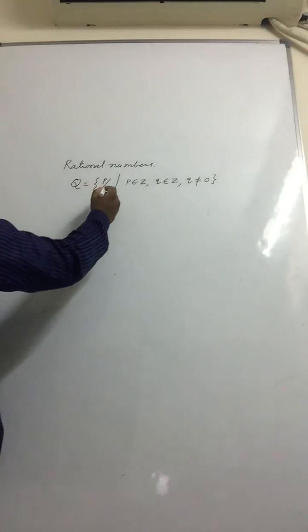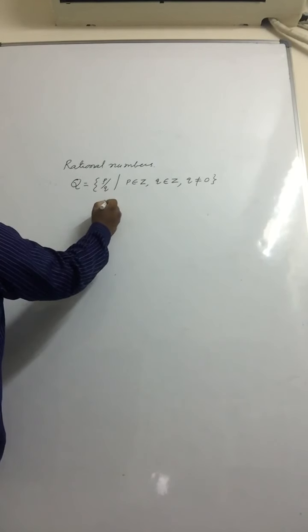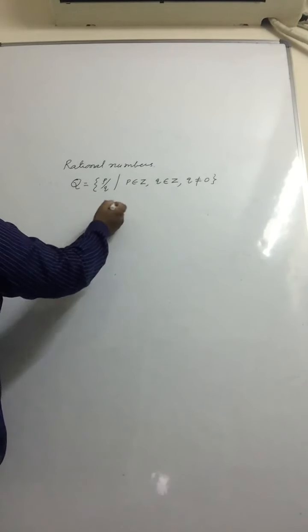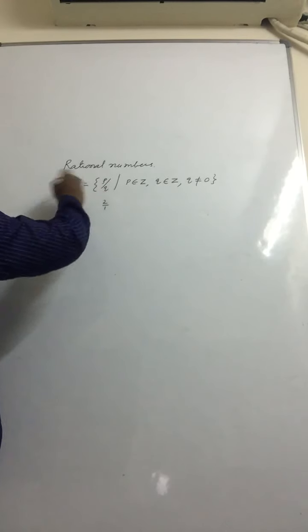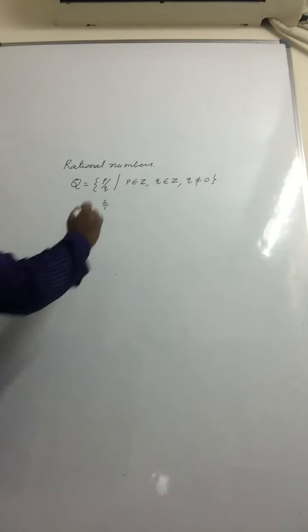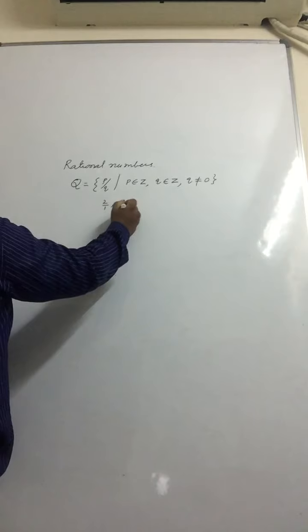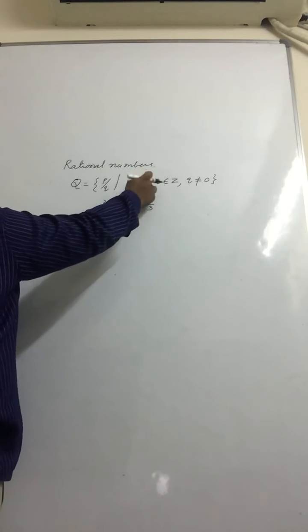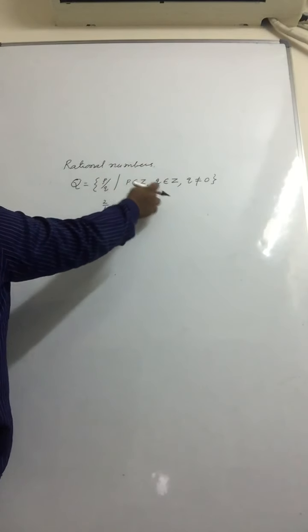That means if you write 2 by 1, p is an integer, q also, it is a natural number, it is a whole number, it is an integer, it is as well a rational number. 3 by 2 is a rational number. Minus 1 by 3: p is an integer, and an integer can be negative. Minus 1 by 3 is a rational.